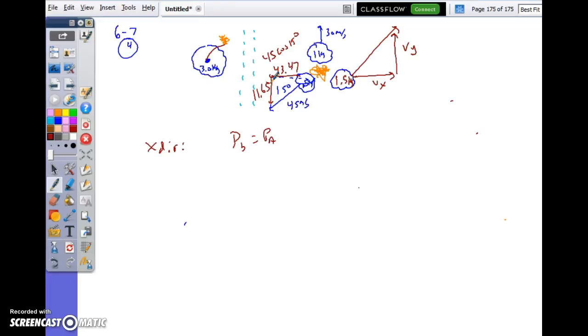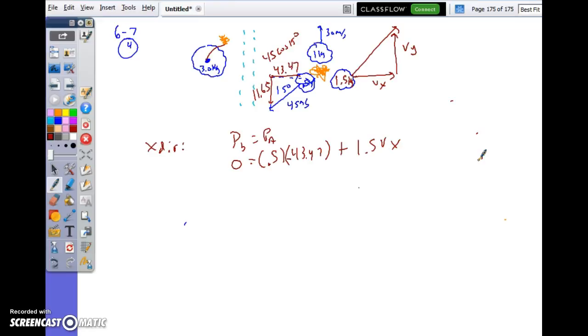Momentum before, momentum after. What's momentum before in the x direction before the firecracker goes off? 0. Boom. Momentum after: I have 0.5 going 43.47 negative, because it's going to the left, plus this one's x direction is 0, and this one is 1.5 times Vx.